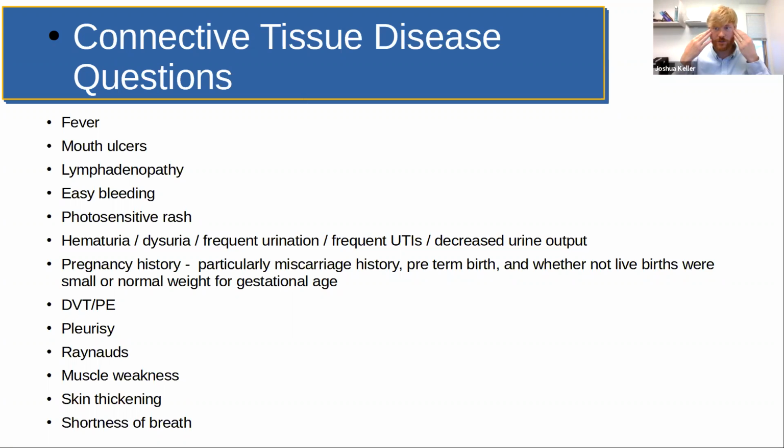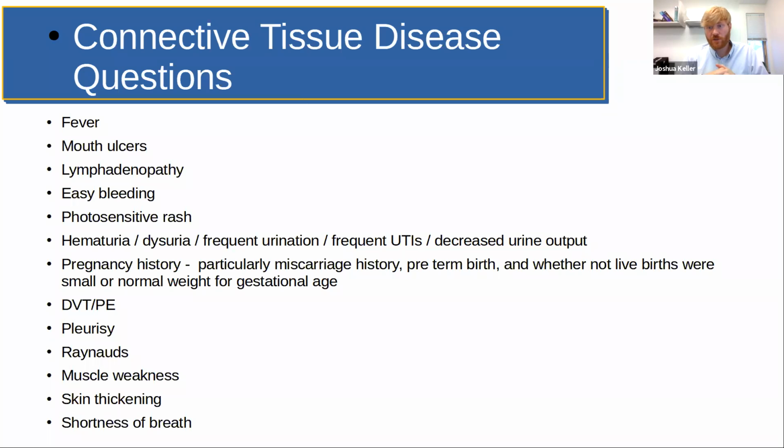Photosensitive rash. So again, trying to see if they had a rash on their face after sun exposure, which shouldn't go away in a day or so. It should really be present for weeks, probably a minimum of a few weeks.